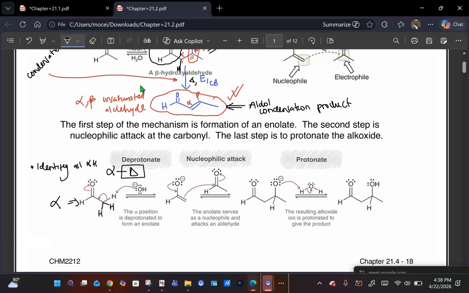There's a step missing here in the mechanism. I don't like it. You'd better put a negative charge here and then show the mechanism of the resonance to get this one. Yeah, this is stealing half a point from your mechanism.